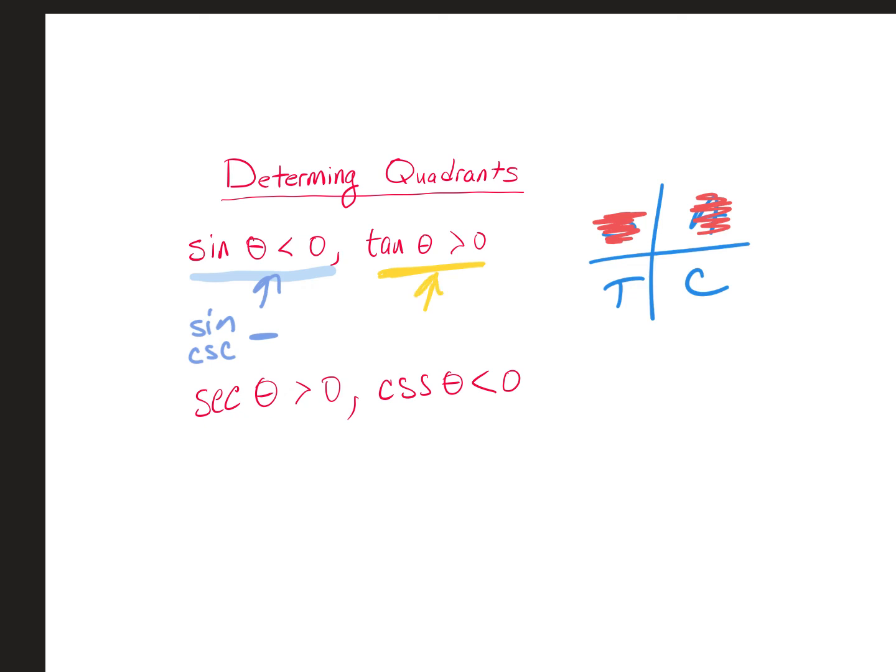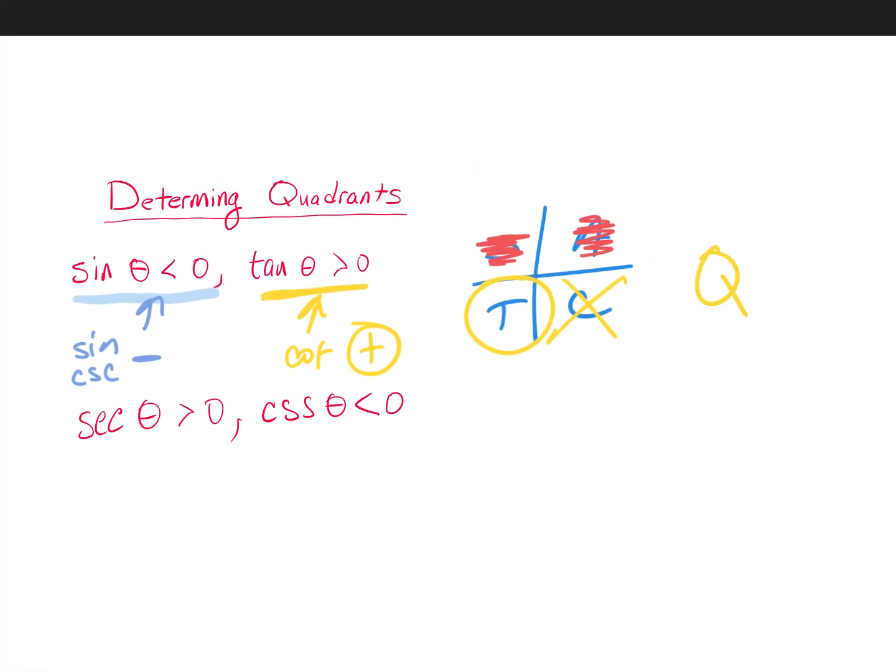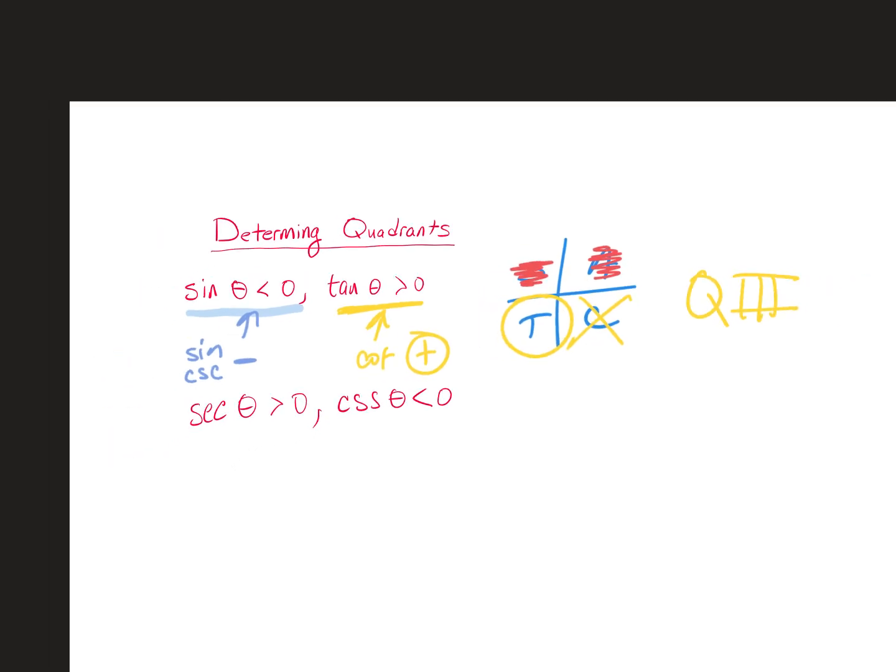So we know that this angle lies where tangent and cotangent are positive. What's left over? Where are tangent and cotangent positive? In the third quadrant. So the answer would be quadrant 3. The first statement will help you cross off two things, and the second statement will narrow it down to the last thing.